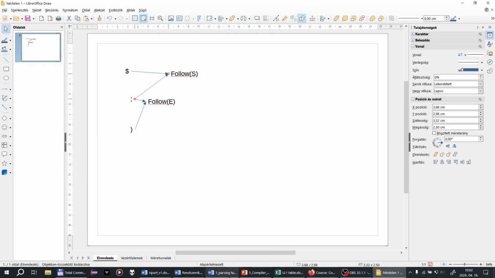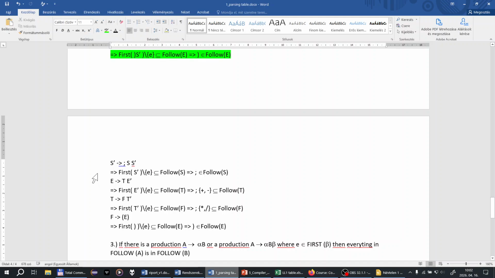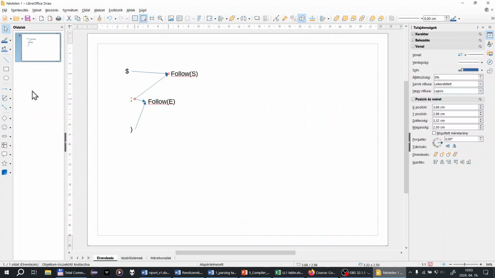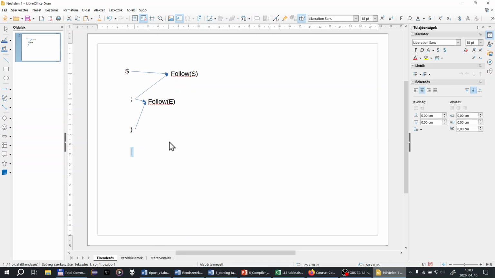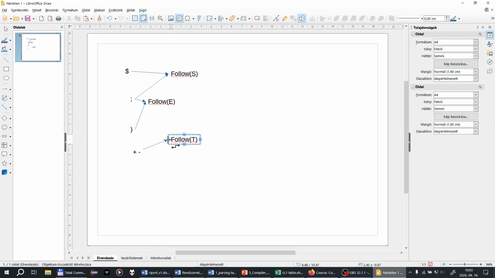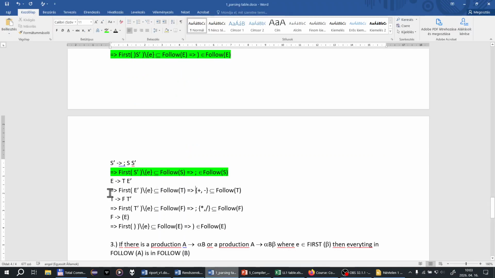Okay. Then plus and minus is an element of follow T. So plus and minus, follow T. Okay, we have it.